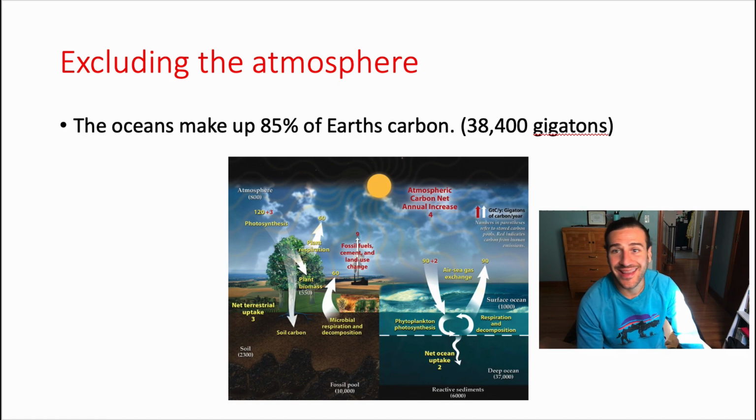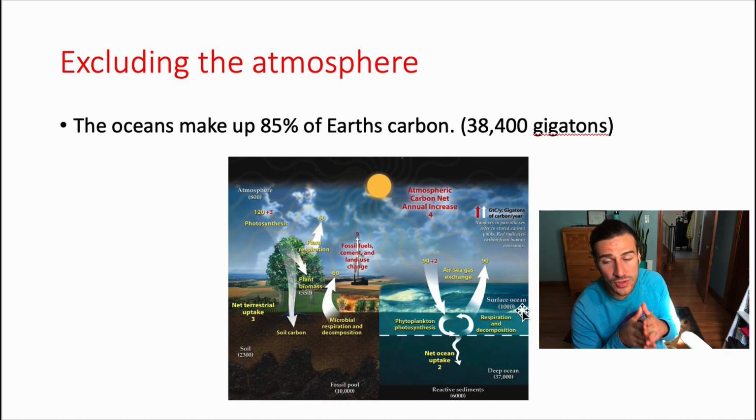Those algae are getting eaten. That eaten algae is worked into the structures of the animals that ate that carbon. Those animals then die and that carbon's being released. I want you to realize how dynamic carbon is. Carbon doesn't stay in one spot usually for that long.